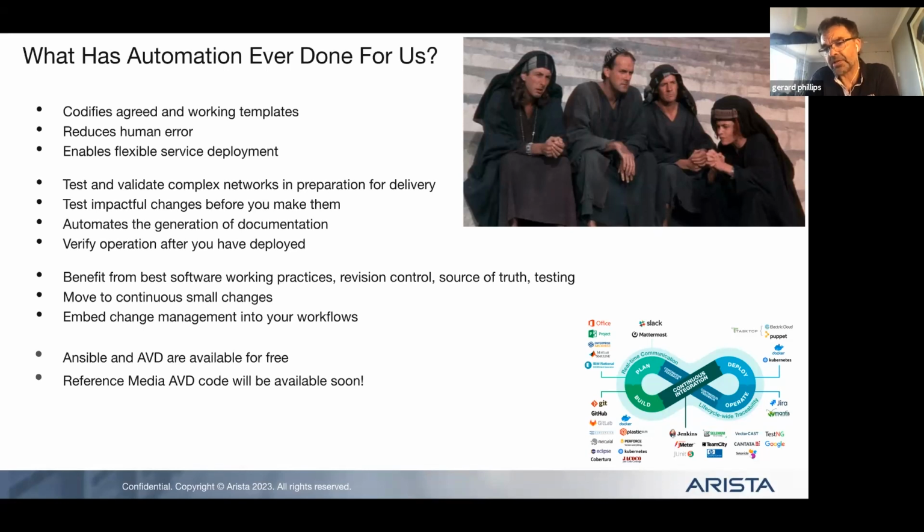Nobody, right? So if your process generates them automatically, you're so far ahead of the curve. And if you can move to a process where you have small continuous changes and you're able to verify and test pre-deployment and post-deployment, especially with that validation check, then you're in a place where change becomes normal. And once change becomes normal, you become way more agile and way more able to cope with anything that hasn't gone the way that you wanted it to go.